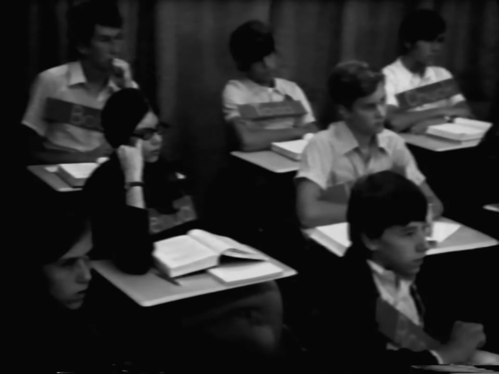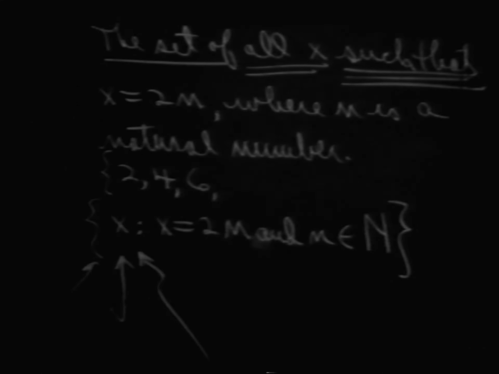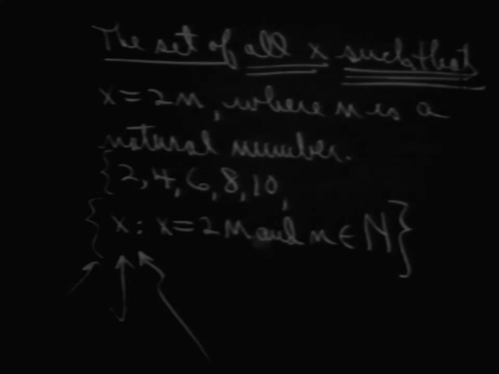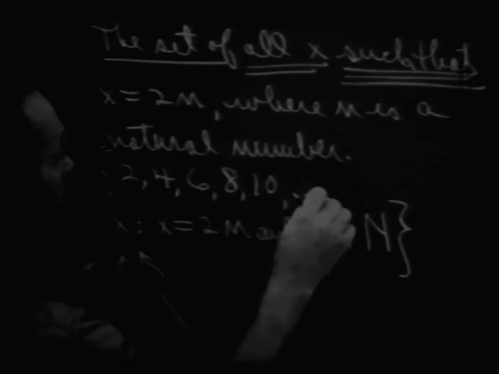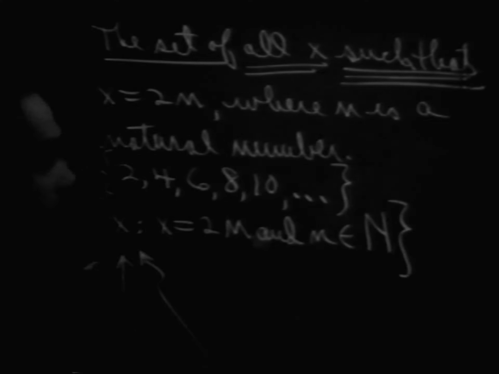Brenda? 4. The next value? Sally? 6. The next value? Jane? 8. The next one? Mary Lou? 10. And about now, we get tired of writing these, and what am I going to do here? Steve? 3 dots. The 3 dots, and then the end of our set brace.